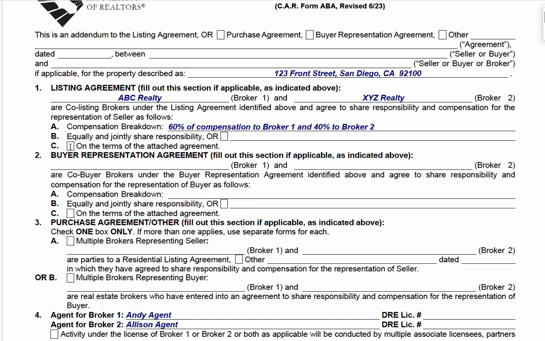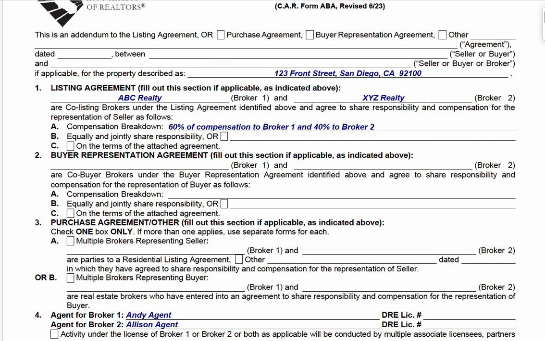Or you check this box and you go to a Word document and you write out everything you can think of. Broker 1 is getting 50% of the commission. Broker 2 is getting 50% of the commission. Broker 1 is fielding all calls, doing all field work. Broker 2 is doing all paperwork. However you envision the entire process and how things can go wrong should be written out.